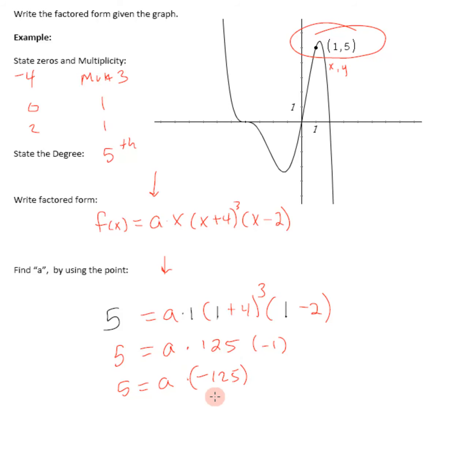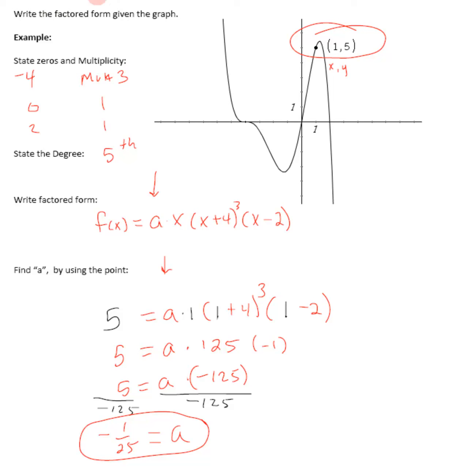And so to solve this, I'm going to divide both sides by -125, just like this. All right, then that's a equals, if you simplify it, -1 over 25. That is my leading coefficient. That's this guy right there.